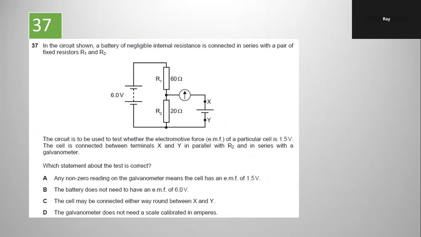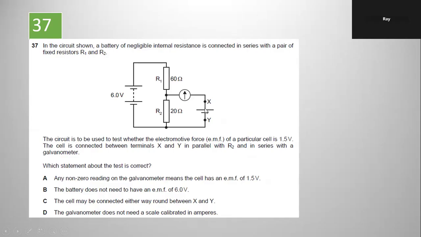Battery does not need to have an EMF of 6 volt. It needs to have 6 volt, right? You need to have 6 volt so that the potential difference across R2 is 1.5.